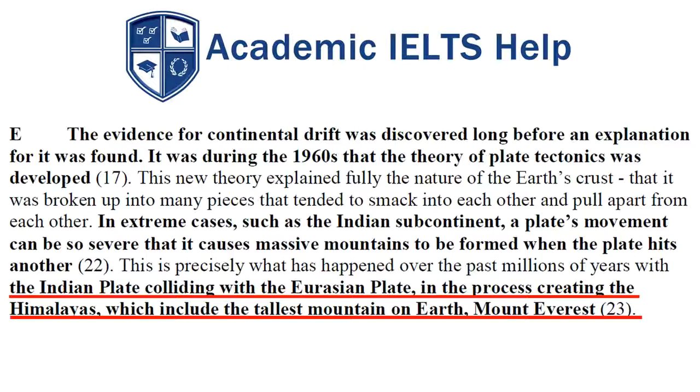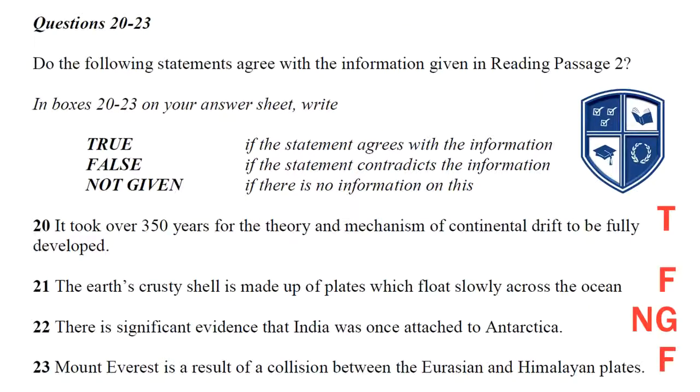We can see the Indian plate colliding with the Eurasian plate, in the process creating the Himalayas, which include the tallest mountain on Earth, Mount Everest. So here we can see that there is some synonym paraphrasing, but we can also see that there's nothing here paraphrasing this Himalayan continent. So again, you can get that when you pay attention to the details.